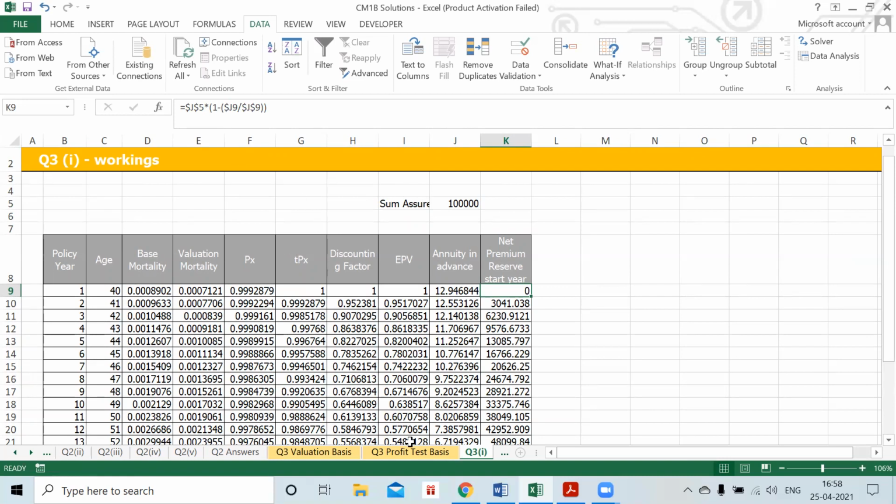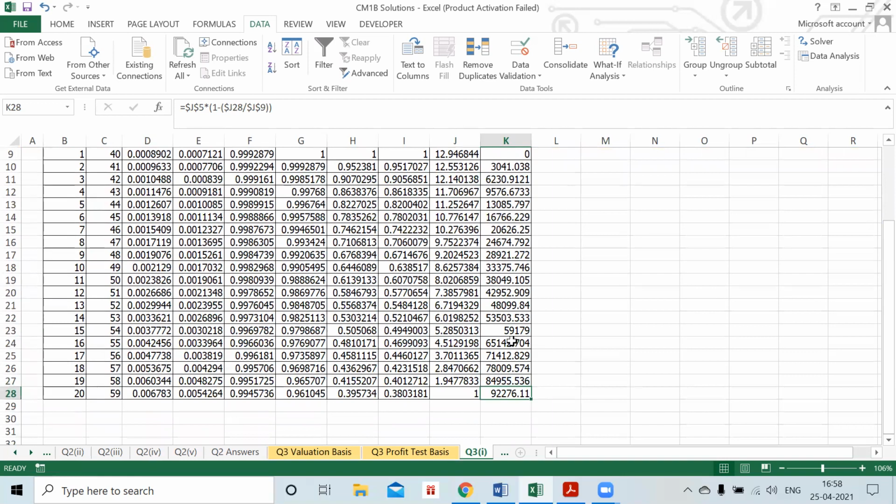So at the start there is no reserve, but at the end there is 92,776 reserve. Okay, matched. And you know you're working correctly if your EPV of an endowment assurance or EPV of an annuity comes to 1 at last. So this is correct.